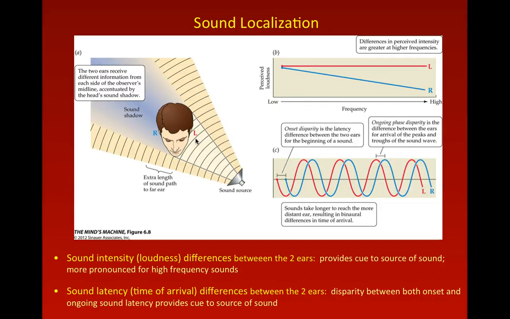So there's a lot more to sound localization than that, but I want you to understand that this is the key and primary information, and that if you don't have hearing in one ear or another, it can be more difficult to localize the source of a sound in space.